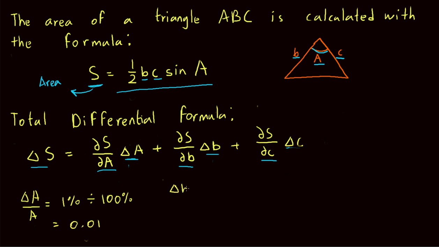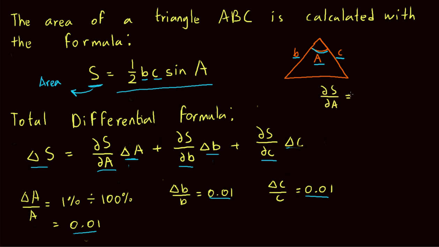Similarly, delta B over B is 0.01, and delta C over C is also 0.01, because they all have the same percentage errors. When we divide by 100, you end up with the decimal 0.01 for each. Now, the partial derivatives. First, let's start with del S del A.